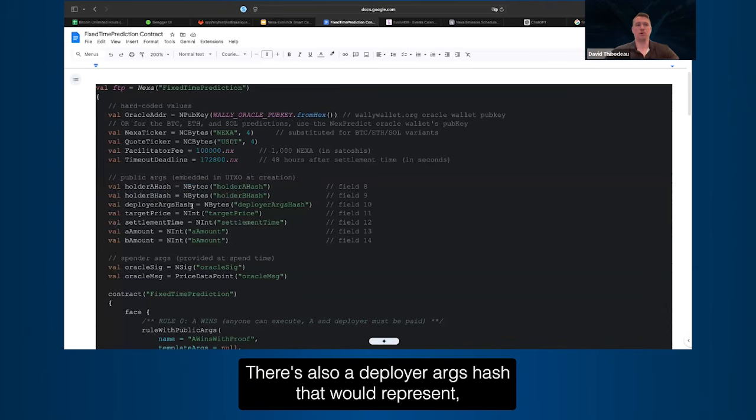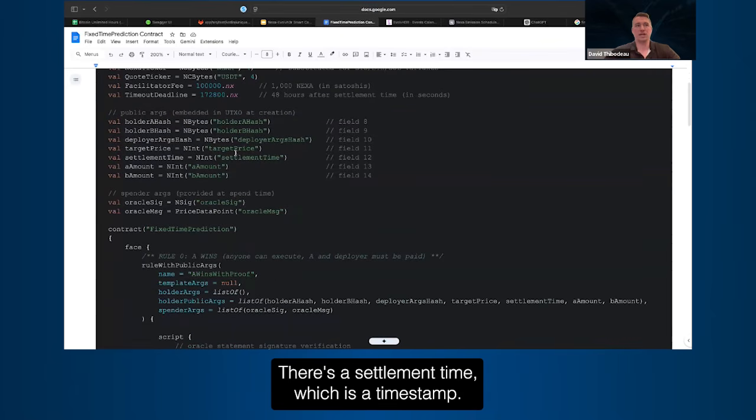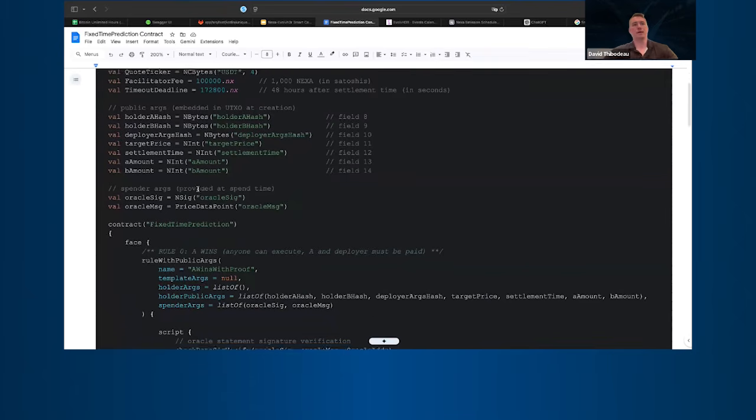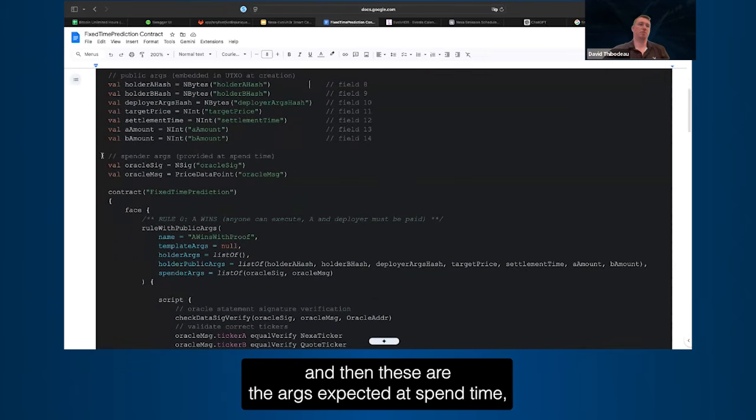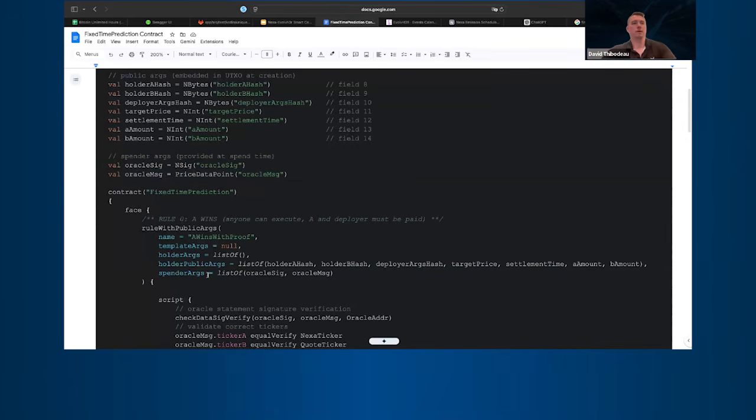There's also a deployer args hash that would represent, say, the platform or the application who is deploying these smart contracts and maybe taking a small fee. There's a settlement time, which is a timestamp. There's the amounts that A and B are betting. And then these are the args expected at spend time, an Oracle signature, and a signed message from the Oracle.